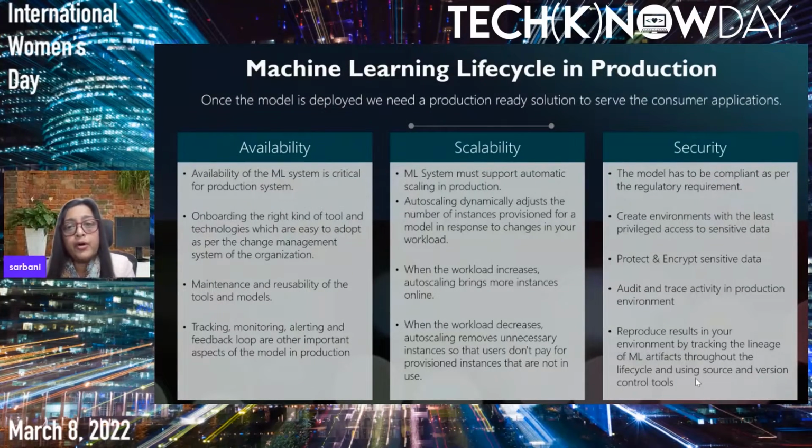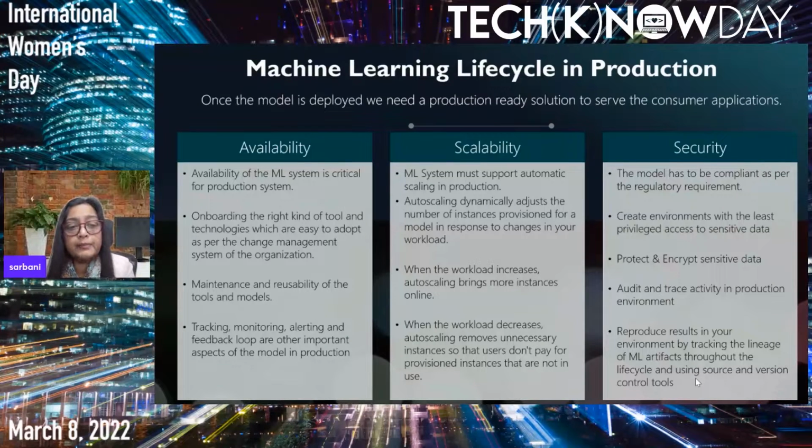When I deploy a model in production, we need to consider several key factors. Let's talk about availability. After a model is deployed in production, the availability of the ML system is critical for the business.